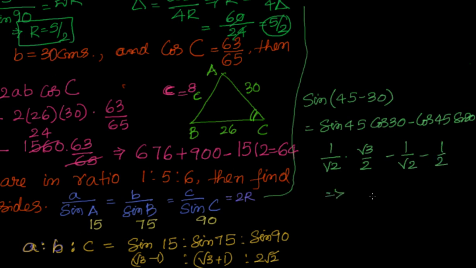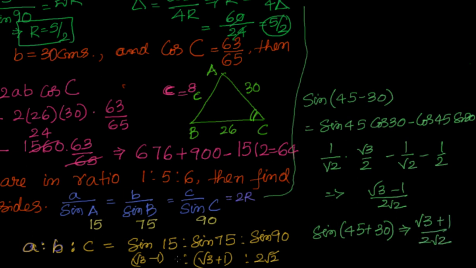So you can see that that's nothing but root 3 minus 1 by 2 root 2. Similarly, you can check that sin of 75, 45 plus 30, there is only one plus sign difference. So it will be root 3 plus 1 by 2 root 2. When you put these values, you will see that they are in the ratio.